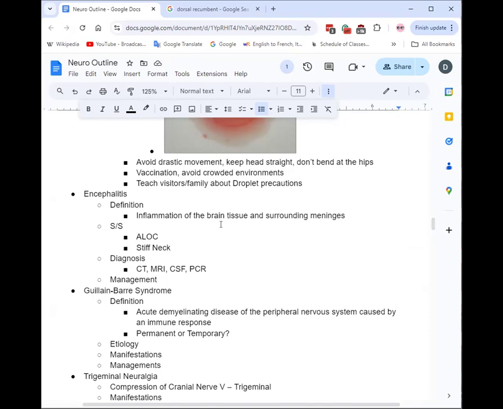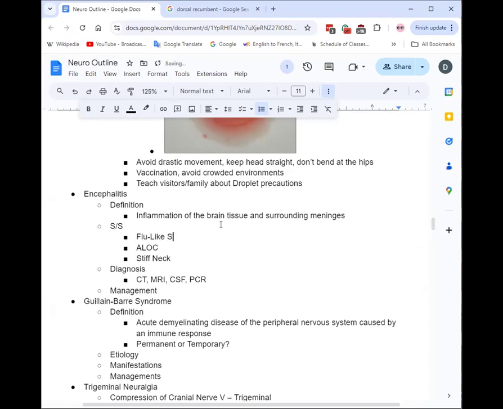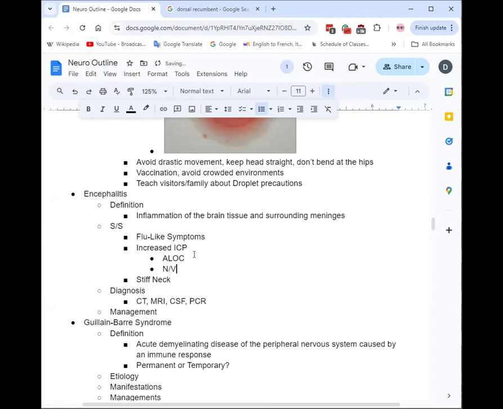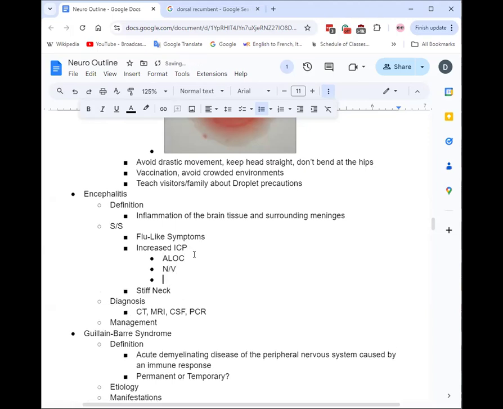It actually has a lot of very similar symptoms to meningitis. Along with the altered level of consciousness, you have increased ICP as well. You have nausea, vomiting. You can have photophobia, so it goes along with that.